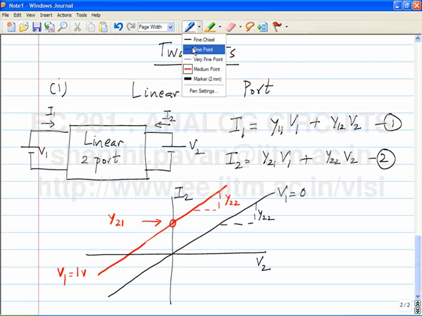The observation is that for equal increments in V1, what can you expect the spacing between these parallel lines to be? If I draw another characteristic with V1 equal to 2 volts, the distance between the new line and the red line will be exactly the same as the distance between the red line and the black line.